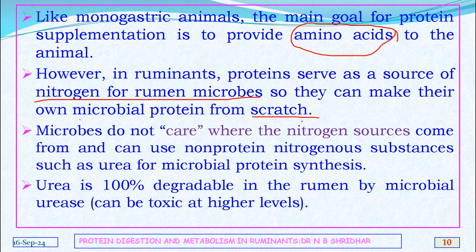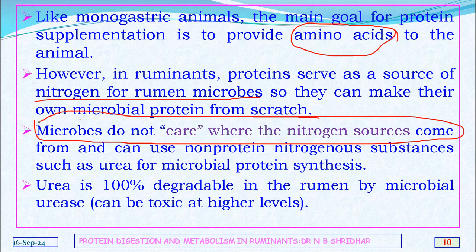Microbes do not care where the nitrogen source comes from. Please remember this: the microbes never care about the source of the protein, and can use non-protein nitrogen substances such as urea for microbial protein synthesis.